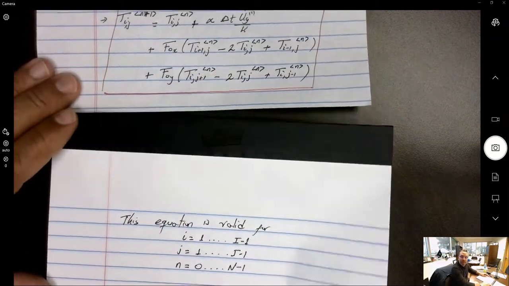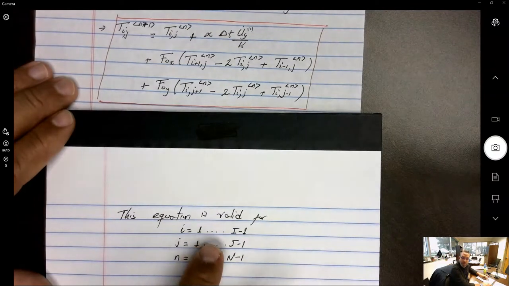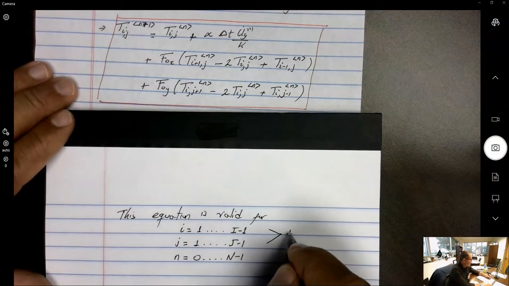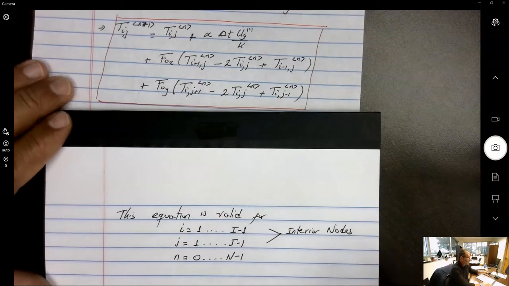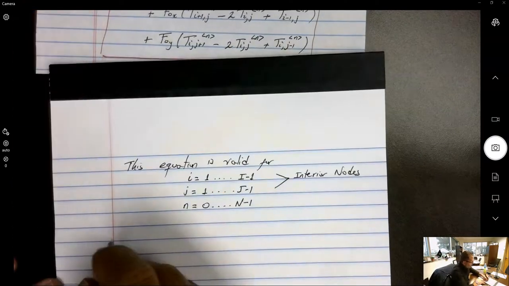So essentially you can implement this at all time levels, right? But only at interior nodes.